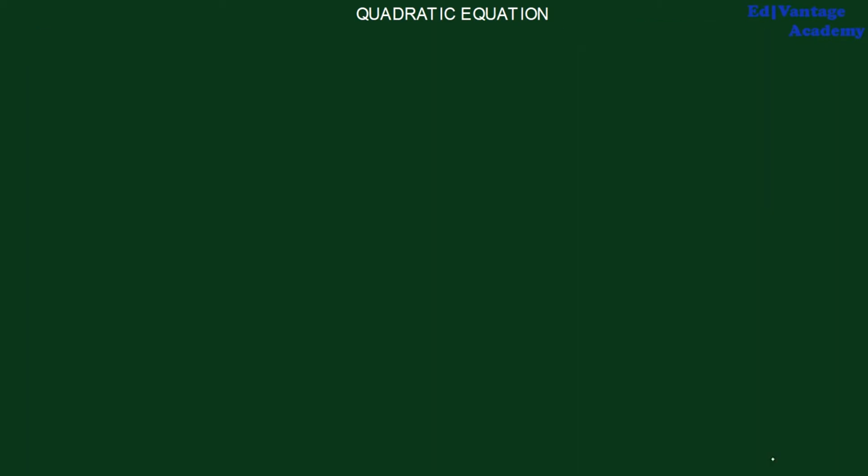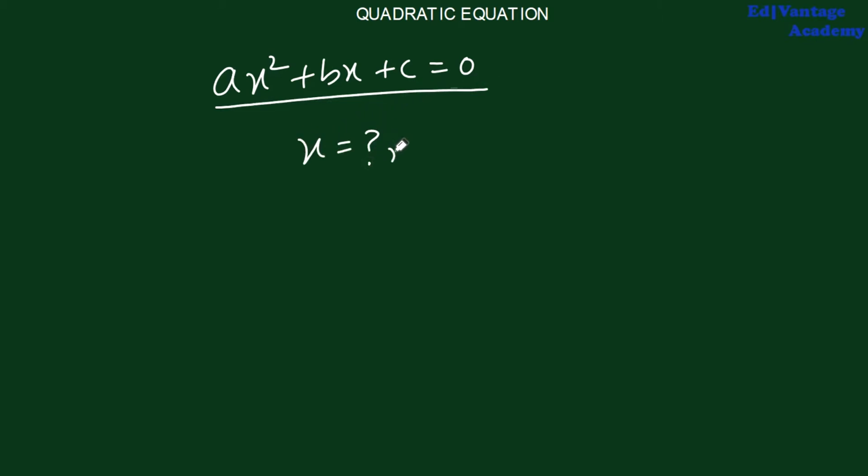I told you a quadratic equation has two roots, x gets two values. Those two values of x, whatever you get after solving it, are called roots.